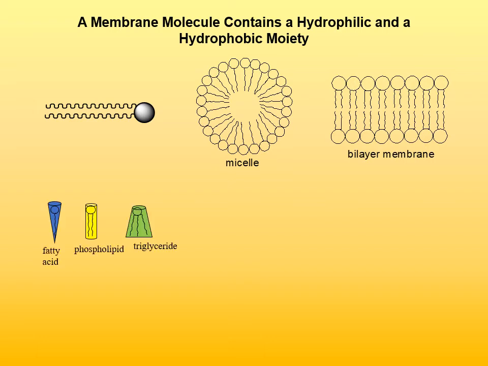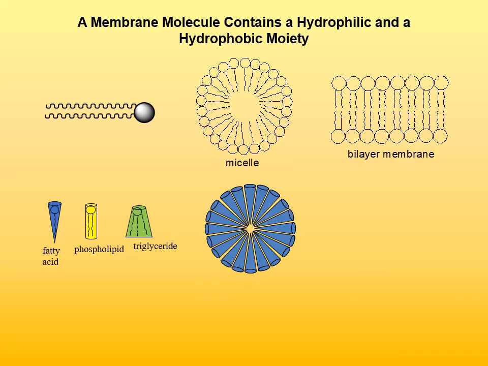When we consider the shape and size of fatty acids, which are shown here in blue, a phospholipid shown in yellow, and a triglyceride, we can draw the conclusion that they will, in aqueous solution, spontaneously form certain structures. So, fatty acids spontaneously form micelles because that way they expose polar heads to aqueous solution to form hydrogen bonding and non-polar tails towards the interior to form London interactions.